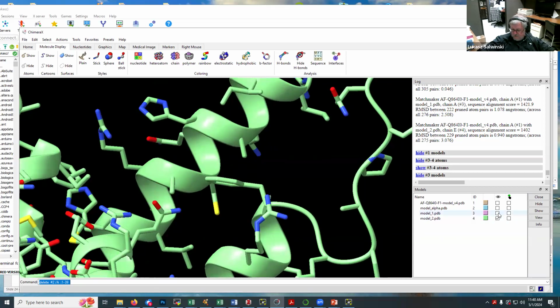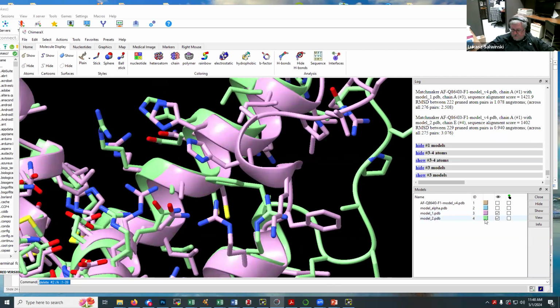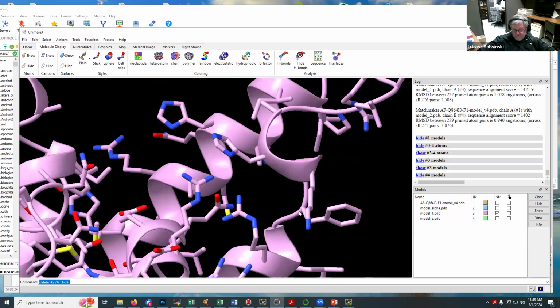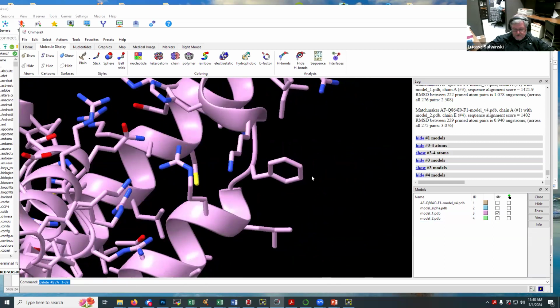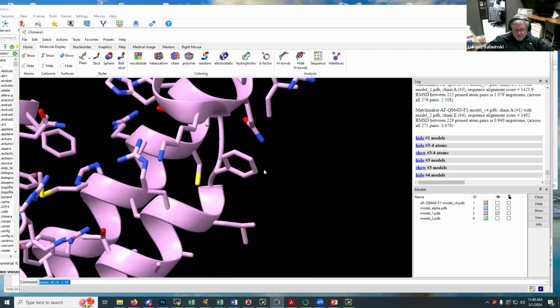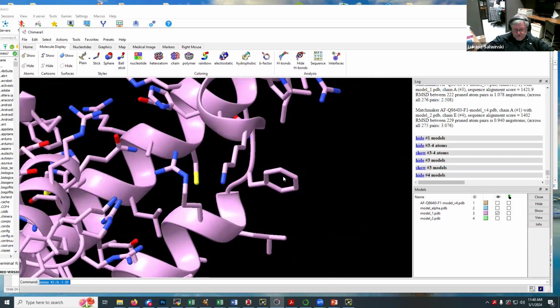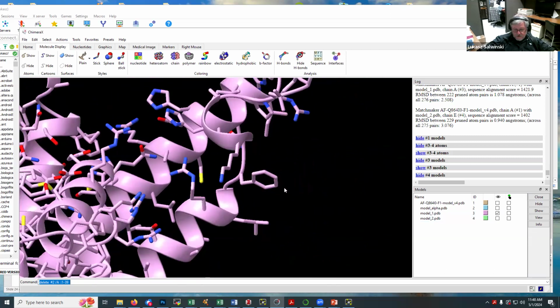In the purple version of the model, this phenylalanine sticks all the way out. Okay, and that's probably unlikely.